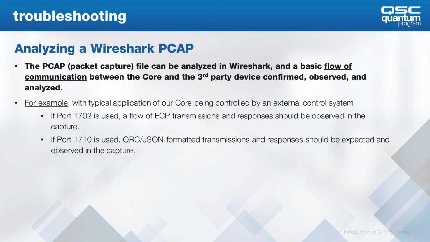Once a PCAP has been performed, this file can be displayed in Wireshark to examine the flow of communications between devices. If your control system is using Q-SYS ECP on port 1702, you should be able to see commands and responses formatted for that protocol. Or, if your system is using QRC on port 1710, JSON formatted communication will now be visible.